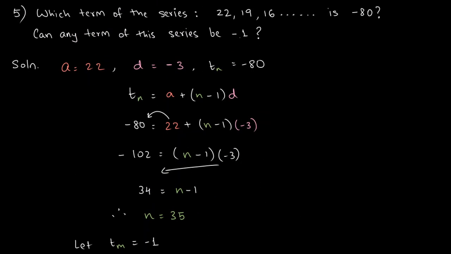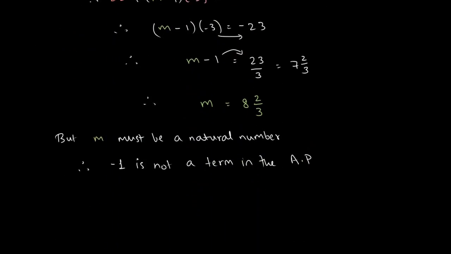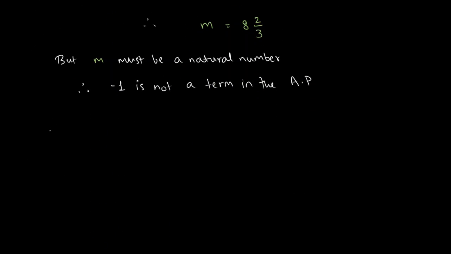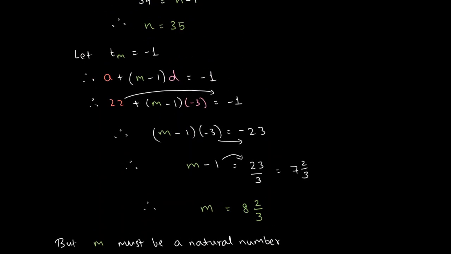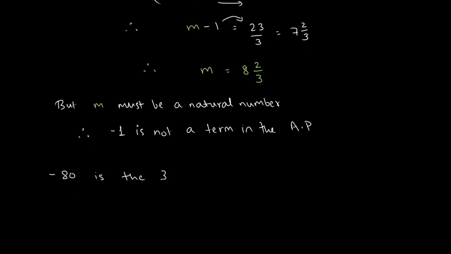So that is the two parts that we answered. The first question was which term of the series is negative 80. The answer to that is here: minus 80 is the 35th term, n is equal to 35. So minus 80 is the 35th term of the series.